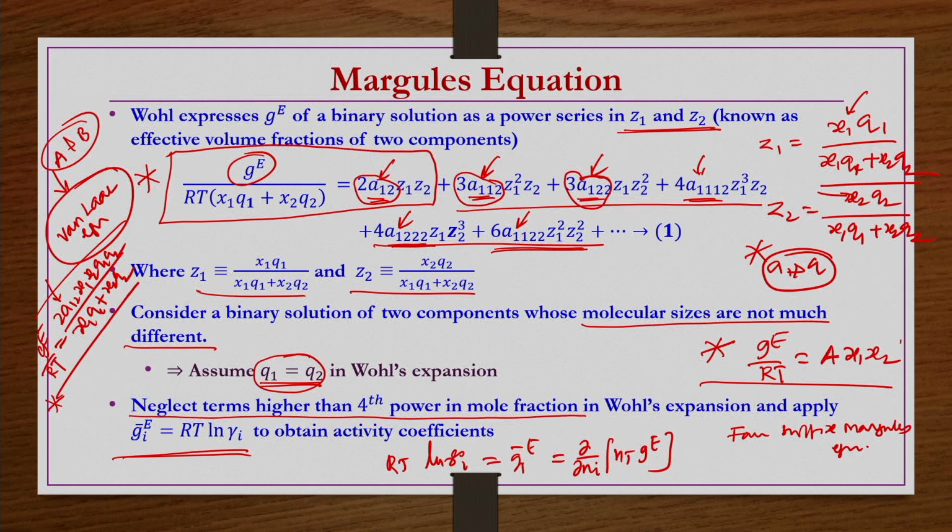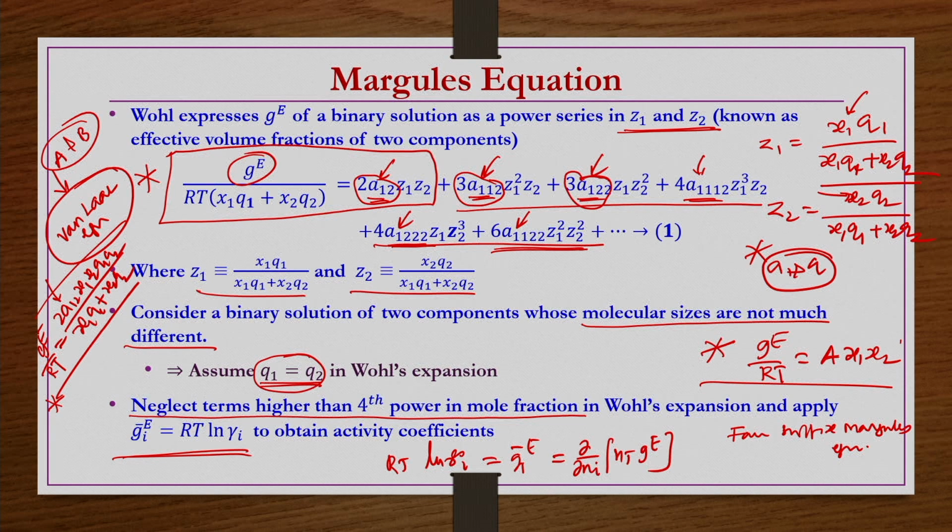Adjustment or simplification in the sense that if you take terms up to the 4th power series, it is the 4 suffix Margules equation. If you take only up to the 3rd power in mole fraction, it will be the 3 suffix Margules equation.